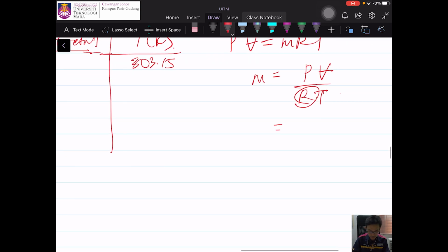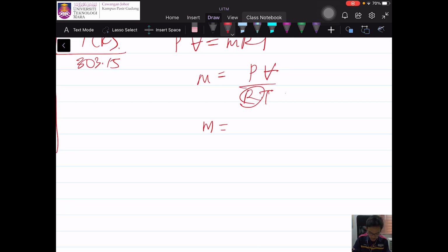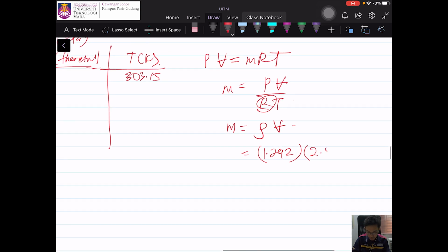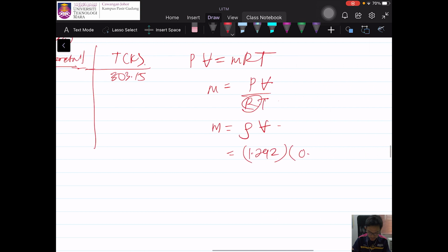You can use this rho V. 1.292, and then you need to get your volume there, 0.0025. Okay, so now you just multiply 1.292 and 0.0025.